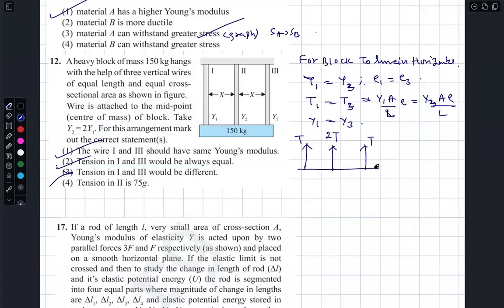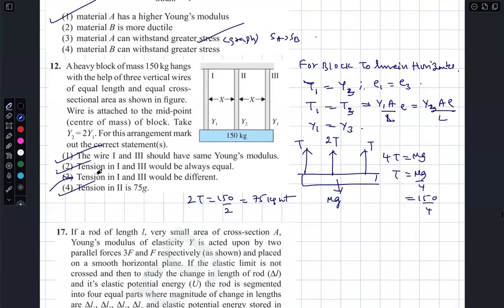And this carries the load mg. So 4T is mg. Therefore T is mg by 4, 150 by 4. So 2T is 150 by 2. So therefore this is a 75 kg weight. Right, correct. 4 is correct.